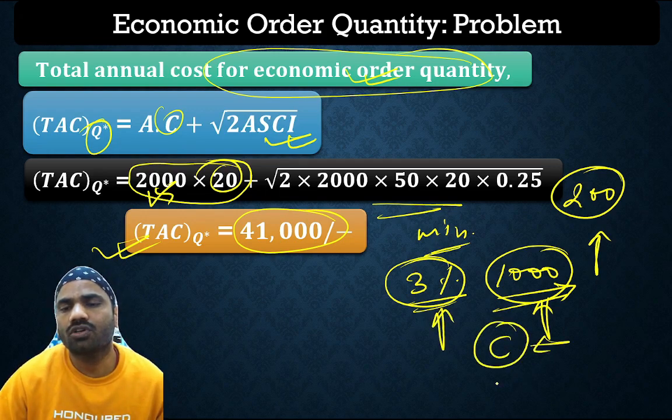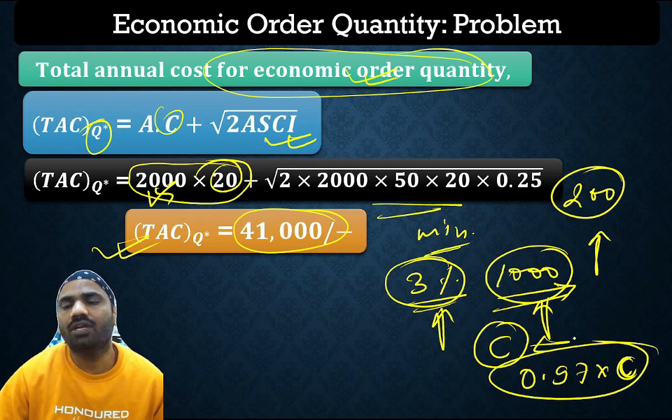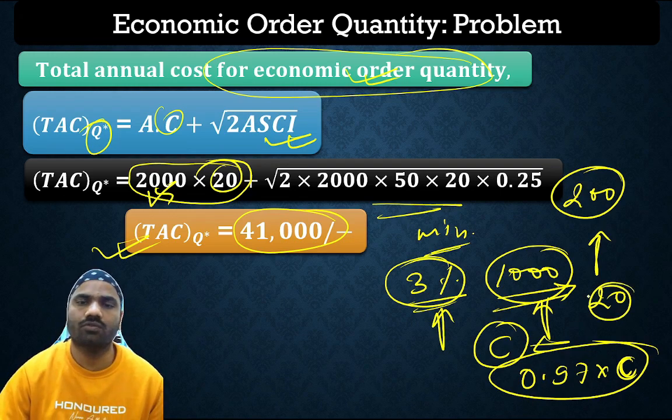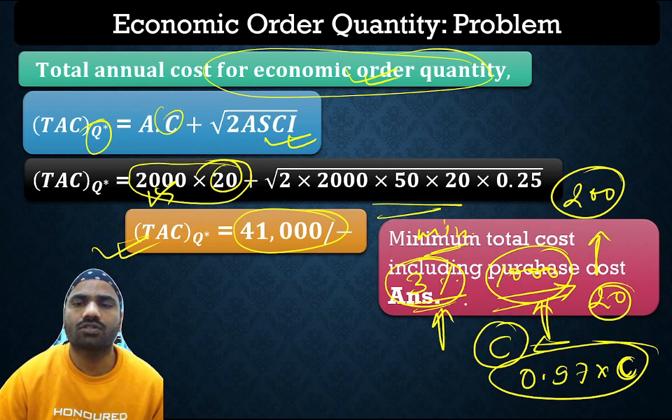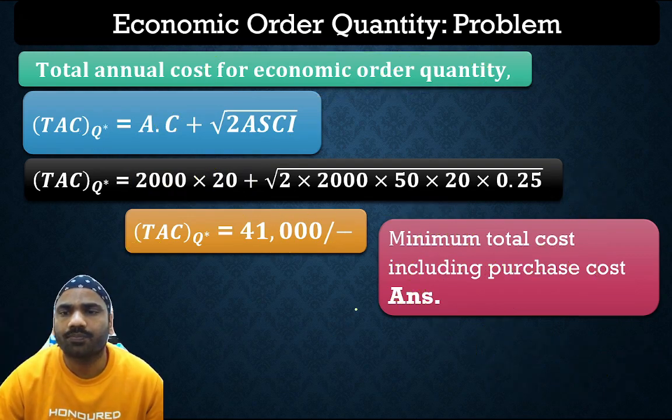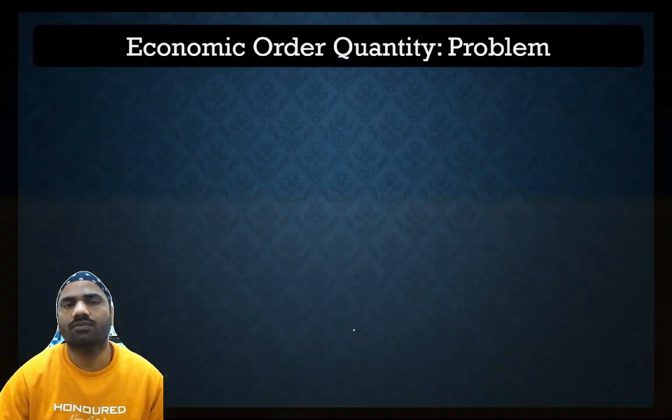So your cost will be 0.97 of C. We don't have to pay rupees 20, we have to pay 97% of rupees 20. So we will find the cost after discount and compare. This is the minimum total cost we have to find.